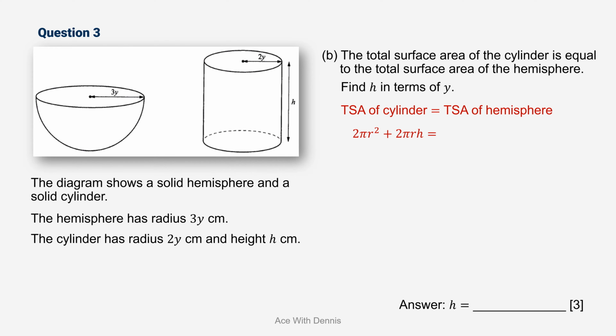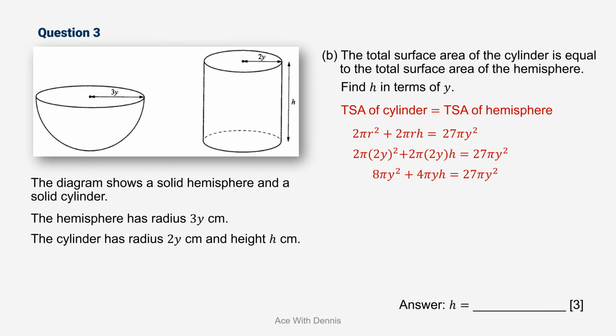For the total surface area of the hemisphere, we have obtained it from part A, which is 27 pi y square. Then from the diagram, we can see that the radius of the cylinder is 2y. Then we can substitute into this equation, which becomes 2 pi bracket 2y square plus 2 pi bracket 2y h equals 27 pi y square.